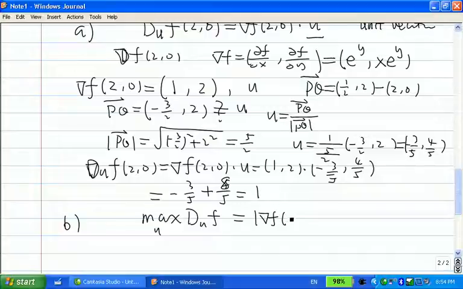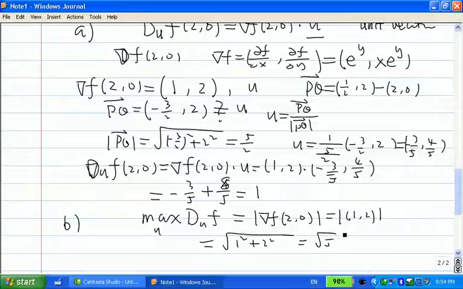You have the maximum rate of change at (2, 0), which is the magnitude of this vector (1, 2), which is the square root of 1 squared plus 2 squared, the square root of 5.